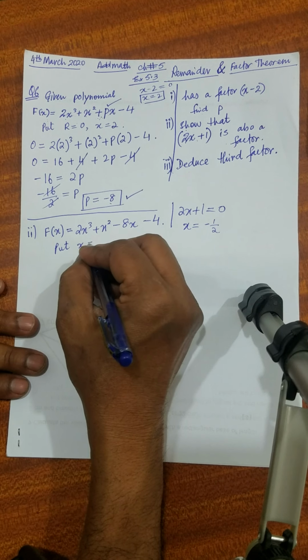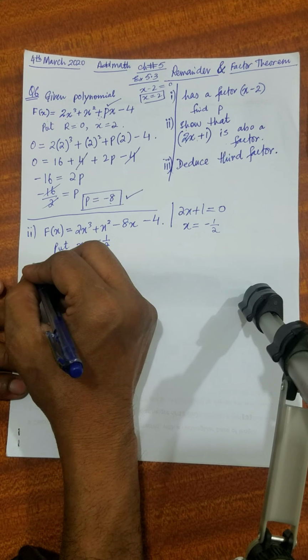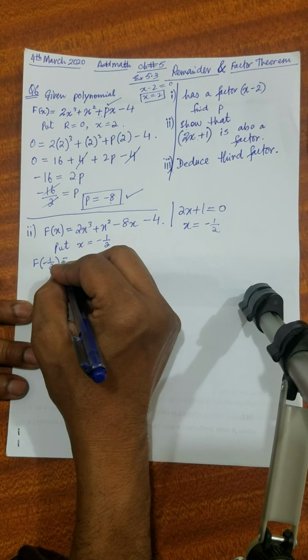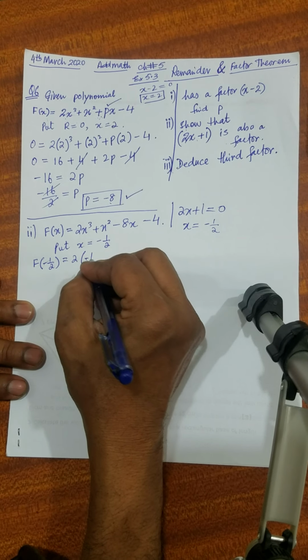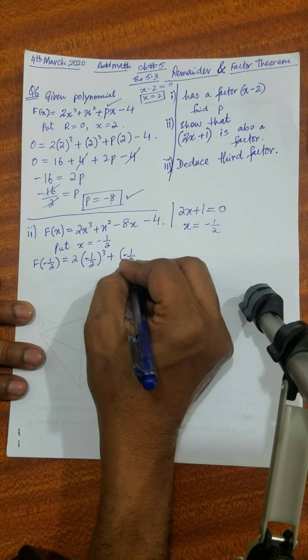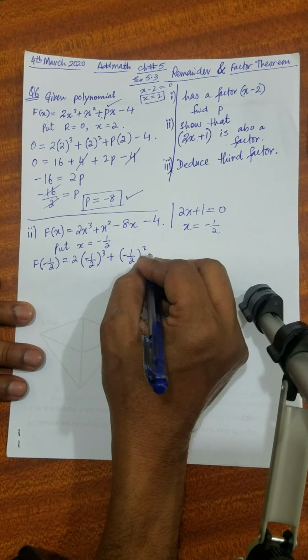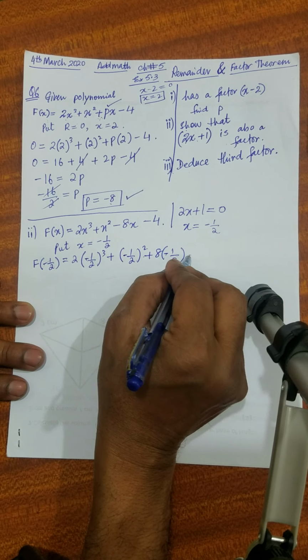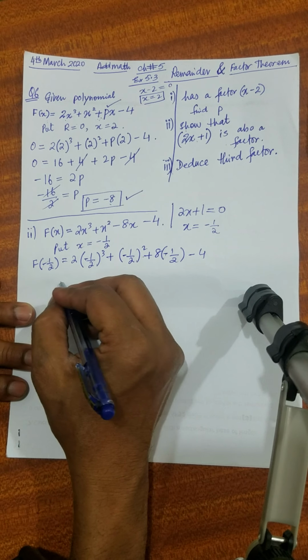So put x equals -half. So 2 times -half cubed, again -half squared, plus 8 times -half, and then -4.